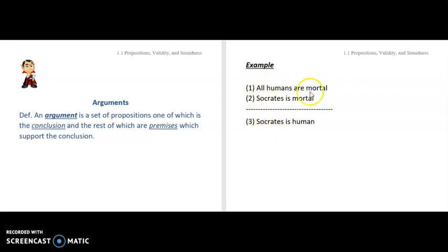We could have had: all humans are mortal, Socrates is mortal, therefore Socrates is human. And this is indeed an argument. If you put in gravity obeys an inverse square law, any random arbitrary arrangement of propositions into a premise and conclusion format is going to count as an argument.